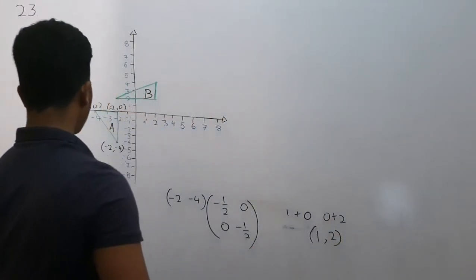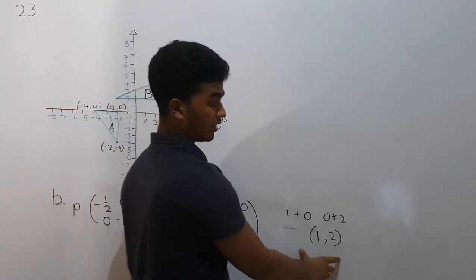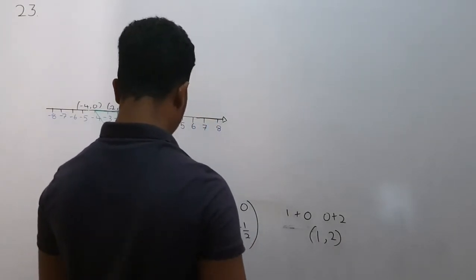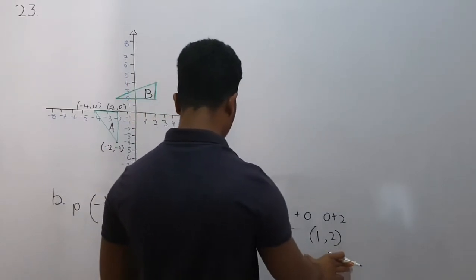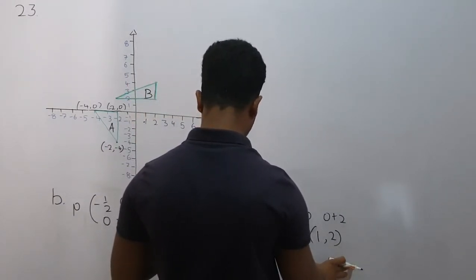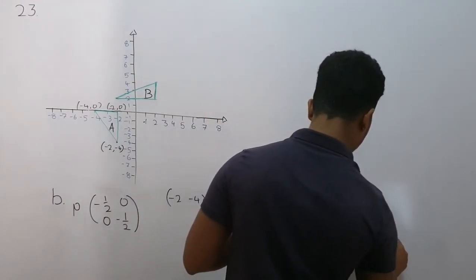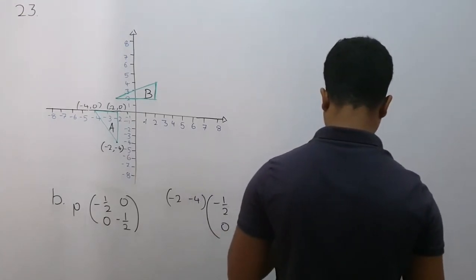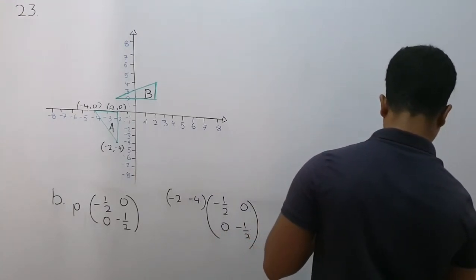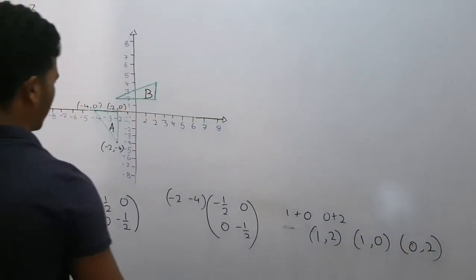Similarly, if you multiply the other points, you will be getting the points 1, 2, 1, 0, and 0, 2. These are the 3 points you will be getting after multiplying.